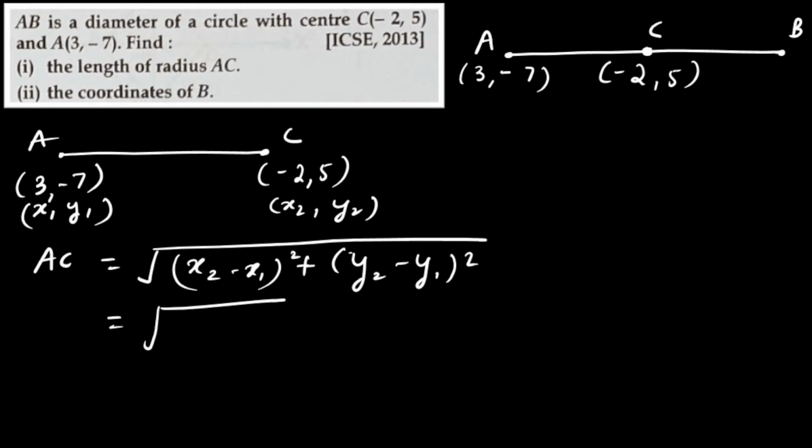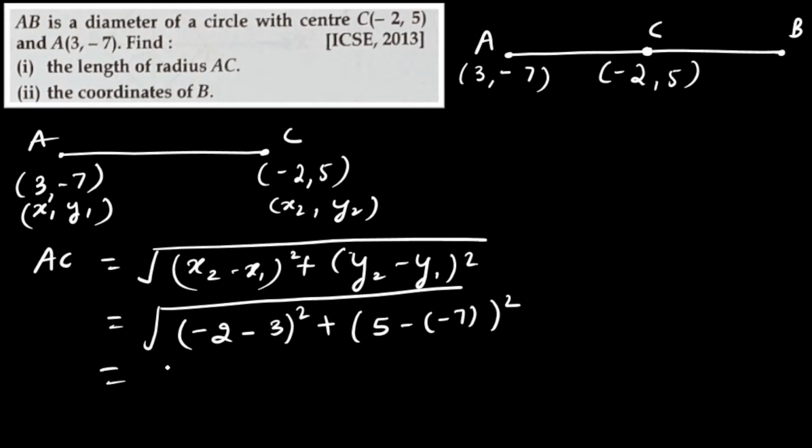Let's substitute the values now. So x2 is -2 minus x1 which is 3, plus y2 which is 5 minus of -7, whole square. Then minus is plus with a minus sign.